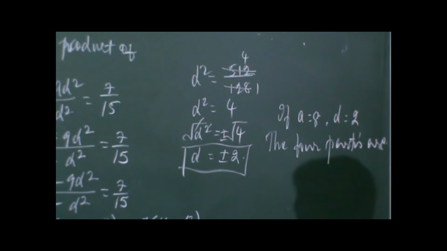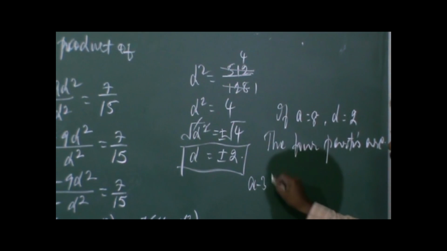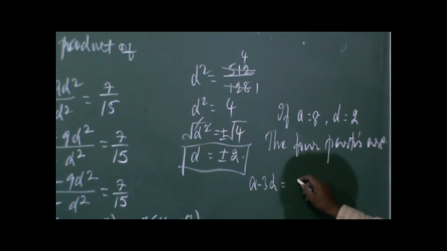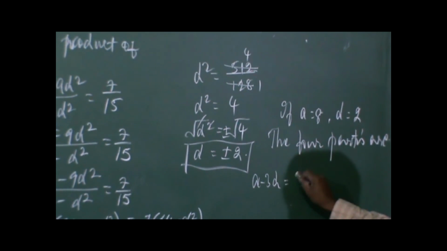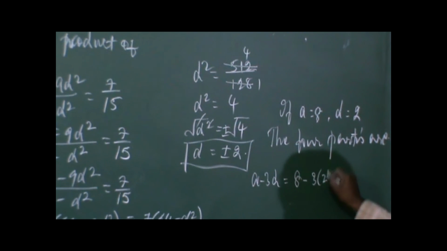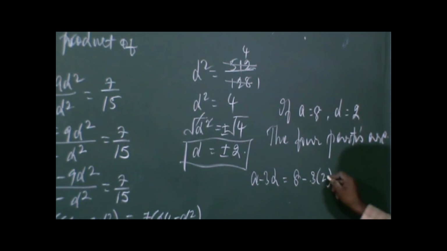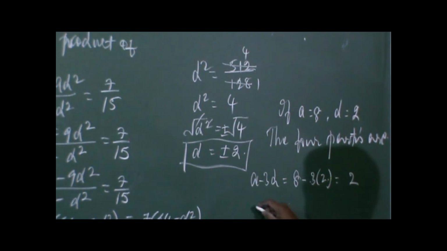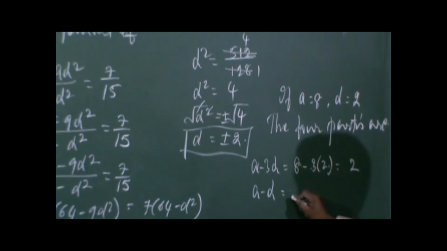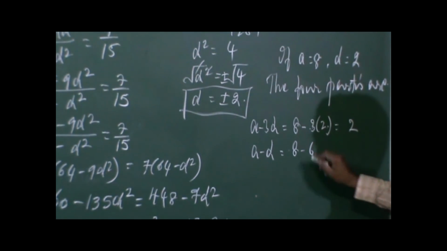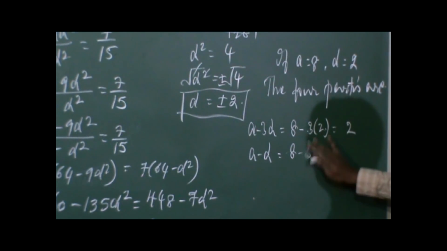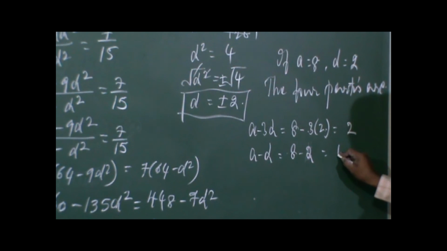So if a is equal to 8 and d is equal to 2, the 4 parts are: first one is a minus 3d, that is 8 minus 3 into 2. 3 2s are 6, 8 minus 6 is 2. Second part is a minus d, that is 8 minus 2, which comes to 6.